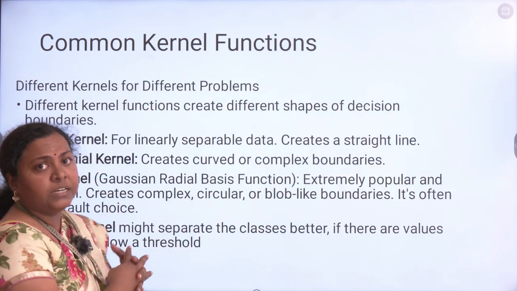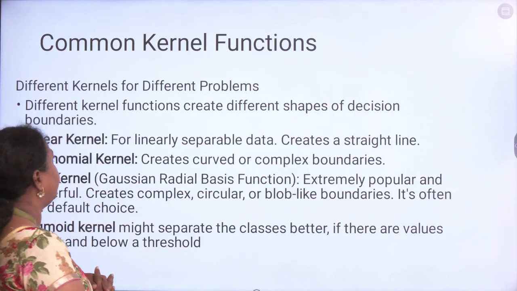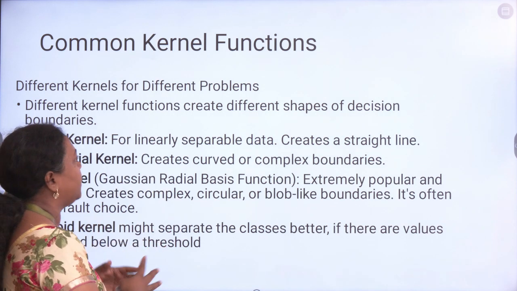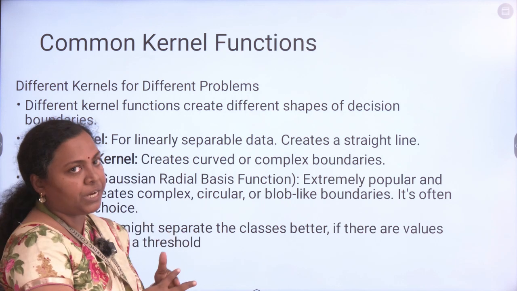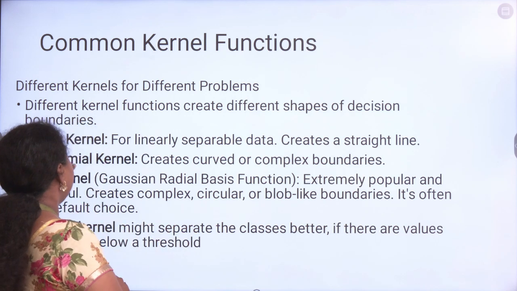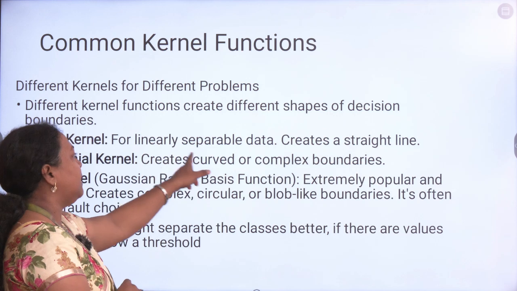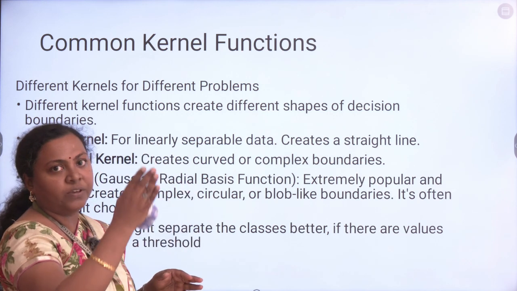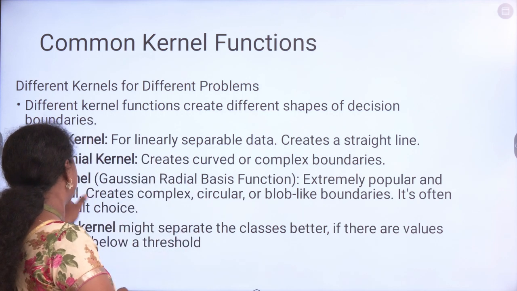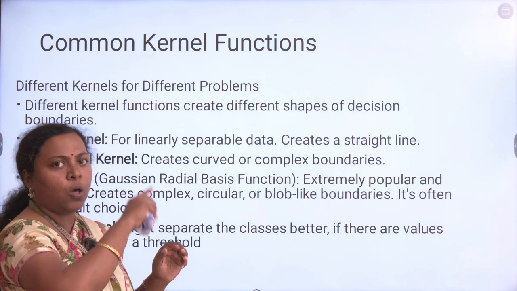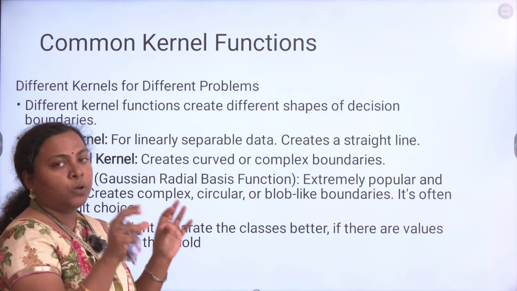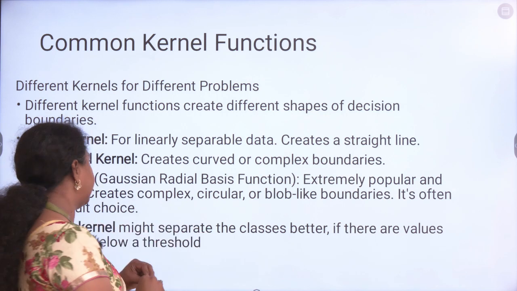So what are the different kernel functions that are present? For different problems, there are different kernel functions that give us different shapes of decision making. Linear kernels are for linearly separable data, and we use a straight line to distinguish them. Polynomial kernels give a curved or complex boundary, which goes well with complex data.